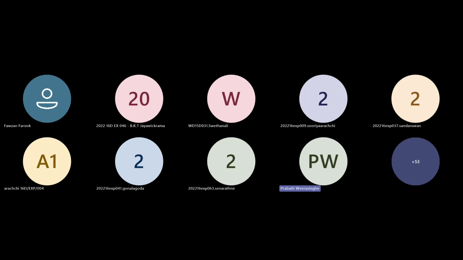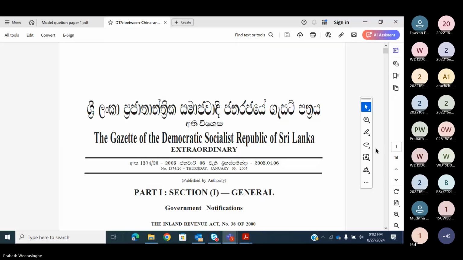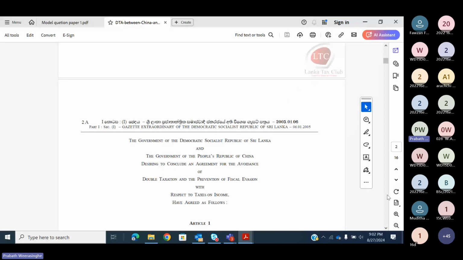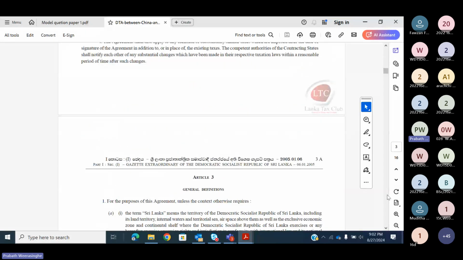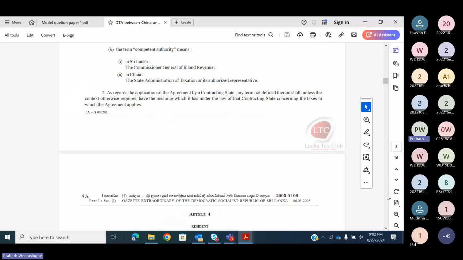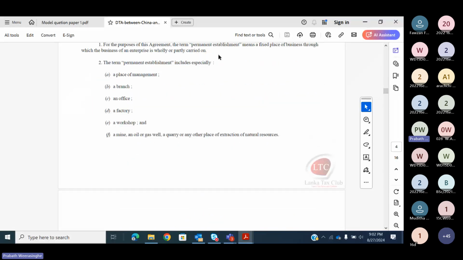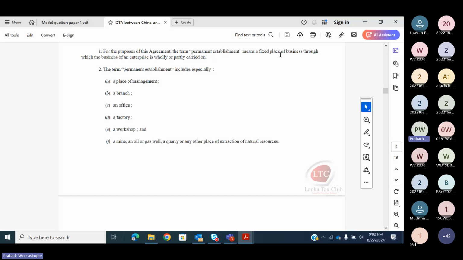So I will show you the Sri Lanka-China DTA again, right? As per this, you can read Article 5. It says permanent establishment means a fixed place of business through which the business of an enterprise is wholly or partly carried out. Thereafter it says it includes specifically a place of management, a branch, an office, a factory, a workshop, a mine, this type of thing.